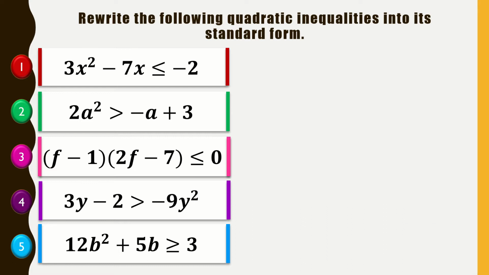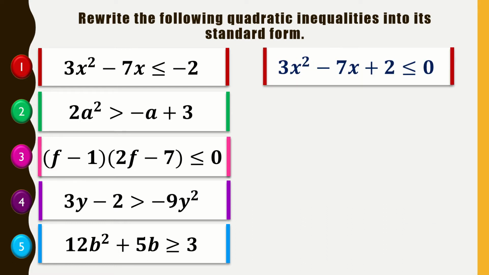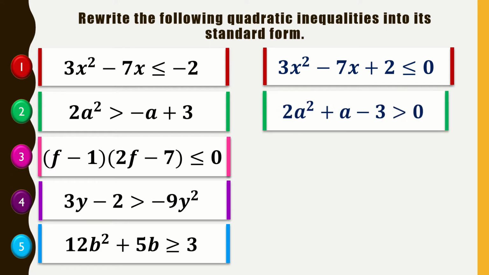Okay, using addition property of equality, we have 3x squared minus 7x plus 2 is less than or equal to 0. Number 2, 2a squared is greater than negative a plus 3. Yes, using addition property of equality again, we have 2a squared plus a minus 3 is greater than 0.